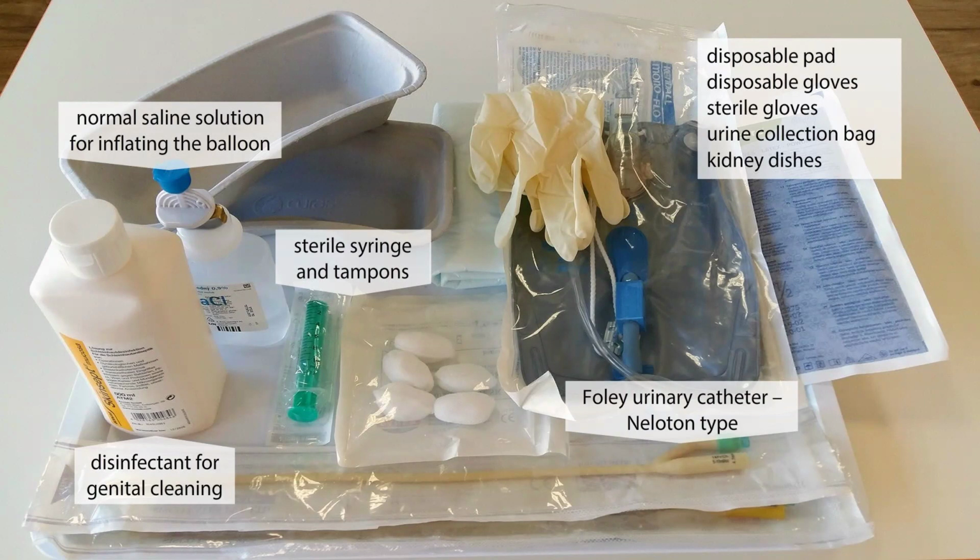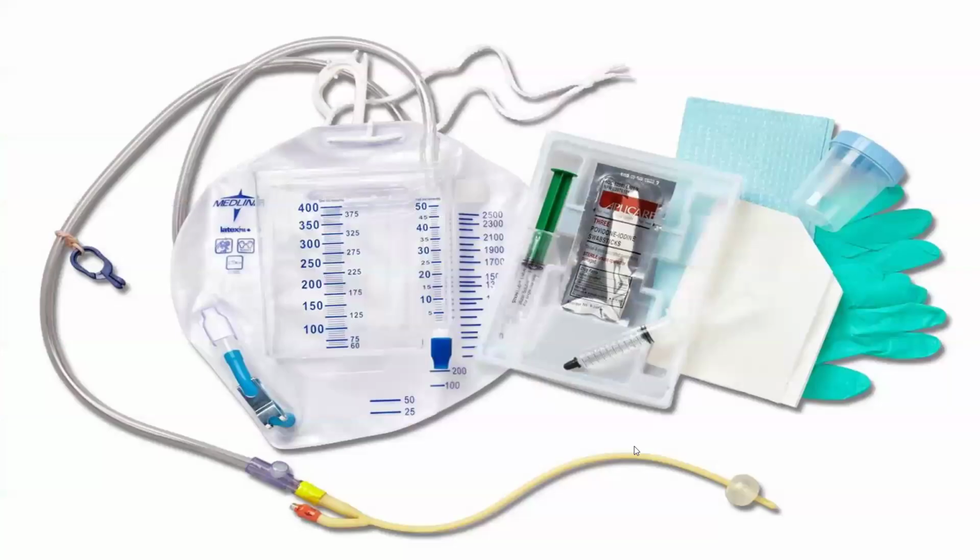If you have three way, the third one will be for irrigation of the bladder. If anyone has an obstructed catheter, you will irrigate to flush the blood clot or anything obstructing. So you will go for the procedure.